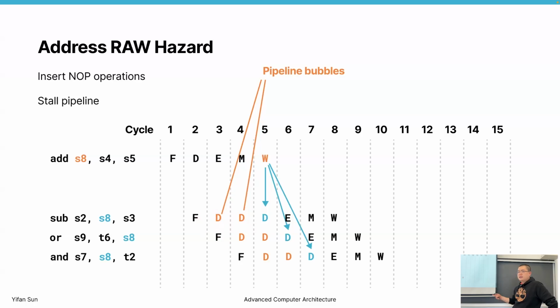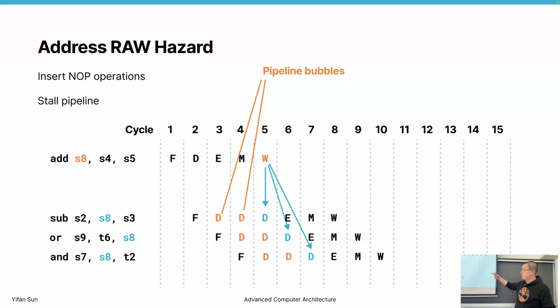This can be achieved in the hardware by adding an enable pin to the register. If we decide we cannot allow it to update, we set enable to false so that the pipeline is not moving forward. In this case, we're adding two pipeline bubbles here, two stages where we're not doing anything. And this is determined only by the hardware.